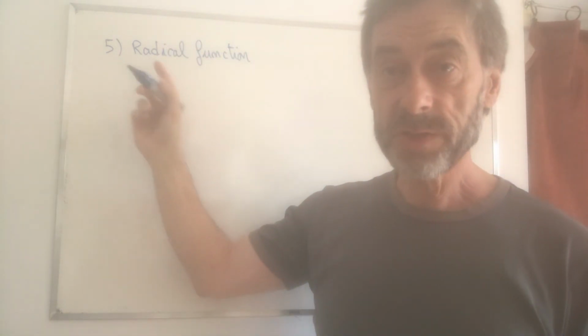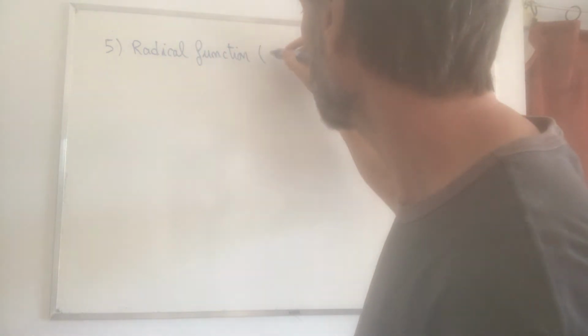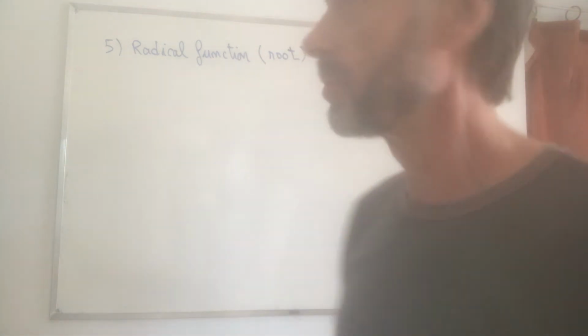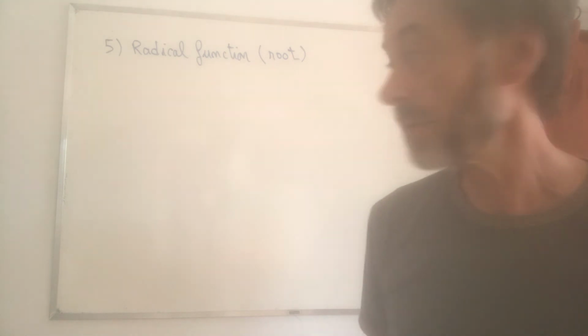Now let's take a look at the second last of the bunch, the radical function. Radical, something with a radical means something with a root. The most common being obviously the square root.